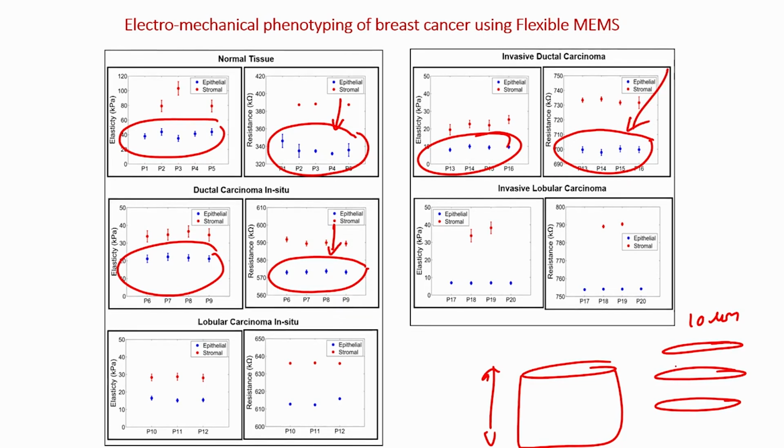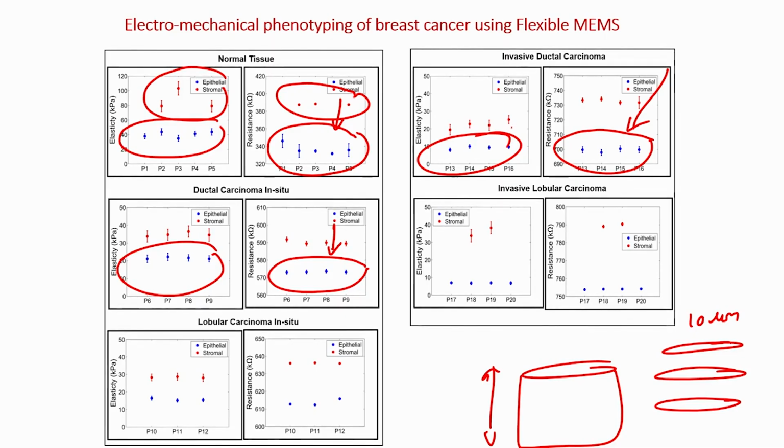Second, if you see the red color is stromal region. Stromal region in the case of normal tissues its elasticity is around 100 kilopascal, or if we take average about 90 kilopascal.